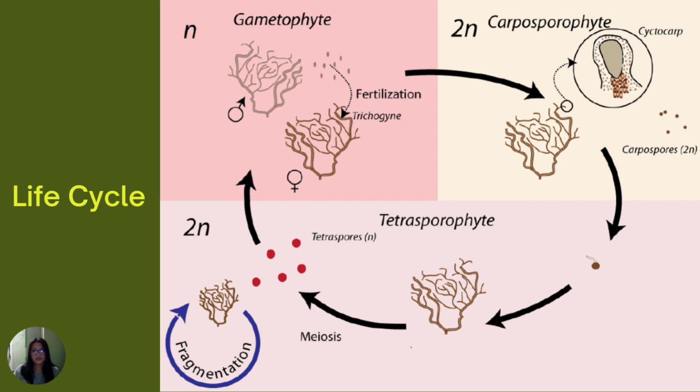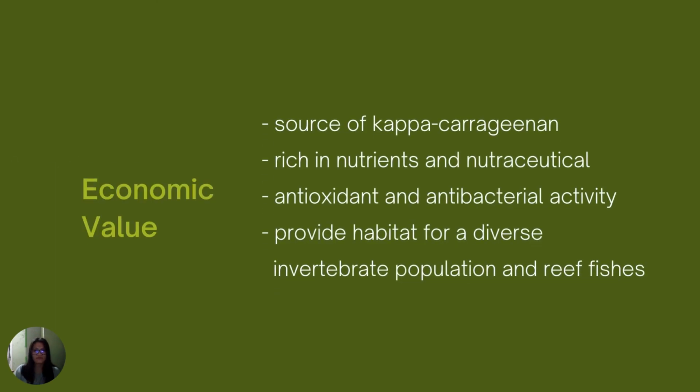The cycle starts with the fertilization of the trichogyne, which is the terminal part of the female thallus, by the gametes, which will form diploid carposporophyte, which also produces diploid carpospores. Tetrasporophytes are produced by repeated mitotic divisions in the carpospores, and haploid tetraspores are formed by successive meiotic divisions within tetrasporangia. To complete the life cycle, dispersed tetraspores develop into gametophytes.